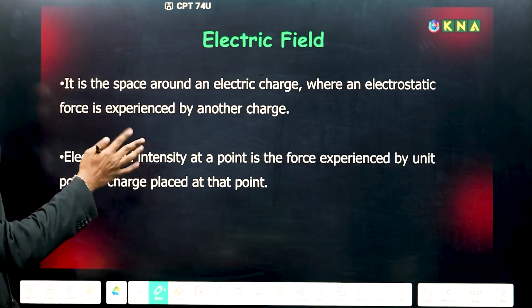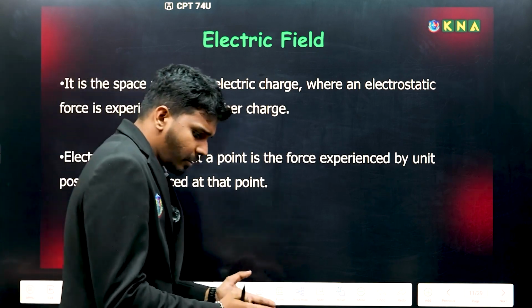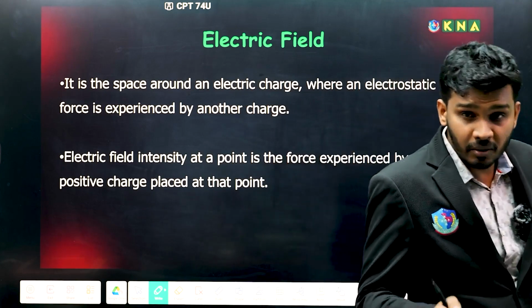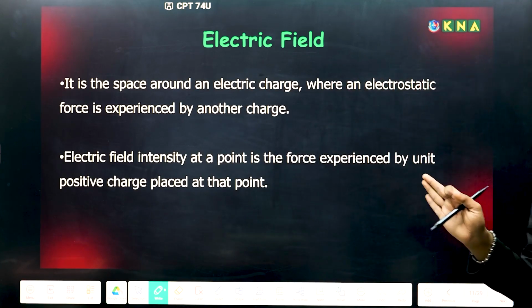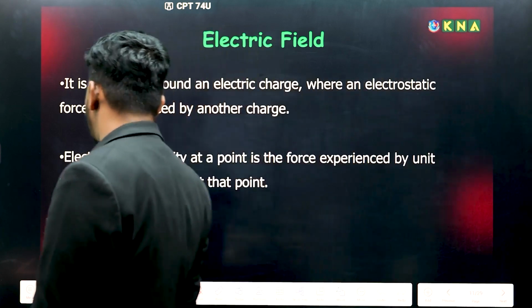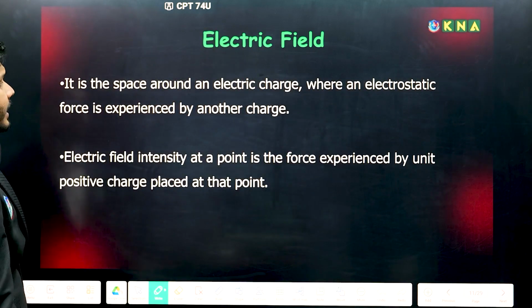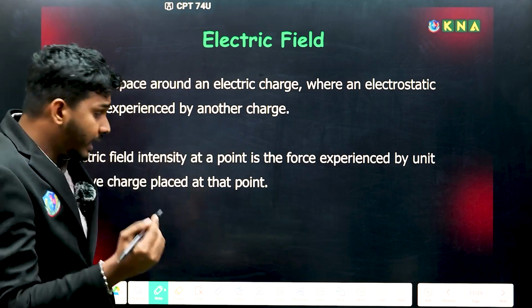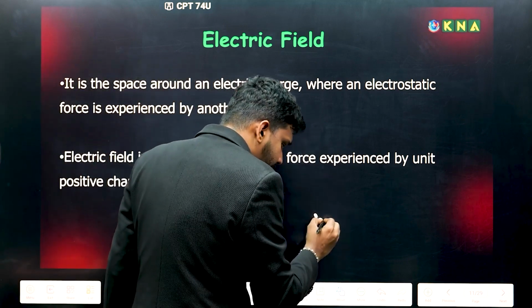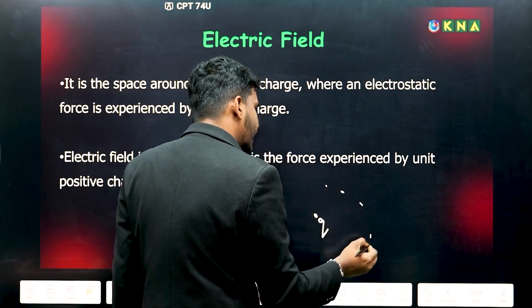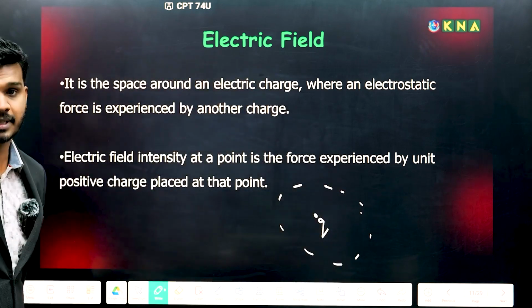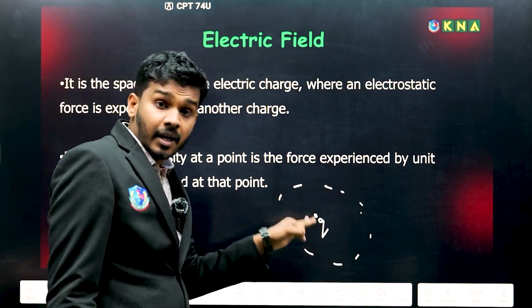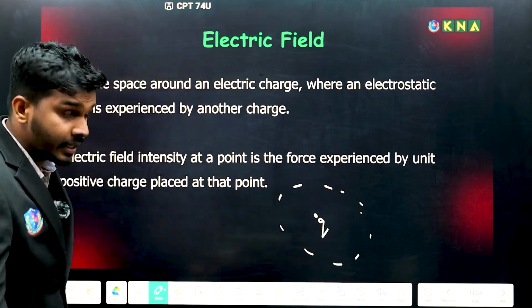Next, after Coulomb's law, which discussed electrostatic force, we want to understand what electric field is. Electric field is the space around an electric charge. Due to the electric charge, the surrounding space has electrostatic forces.